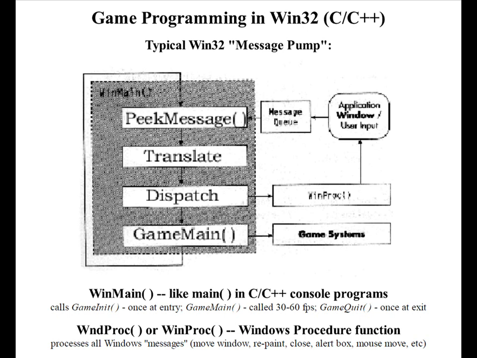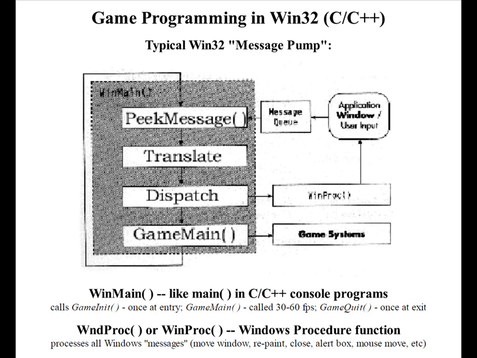So in Windows, the idea is to have the game run at 30 frames a second. So WinMain is going to call within it GameMain, which is all the processing of your game. So from GameMain, it goes to the game systems. These PeekMessage, TranslateMessage, DispatchMessage are Windows functions that are called to process a message.